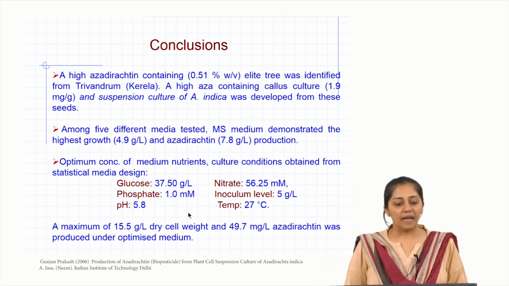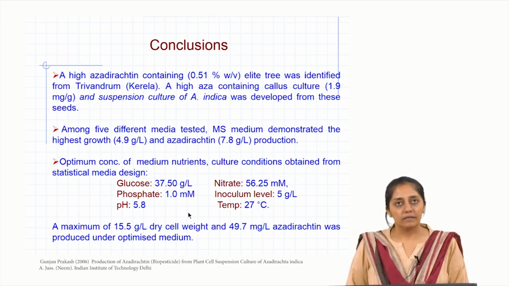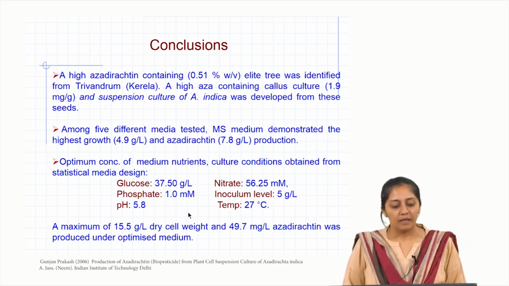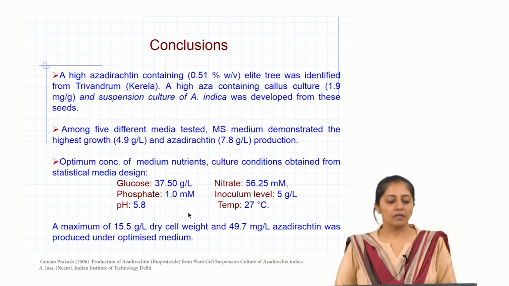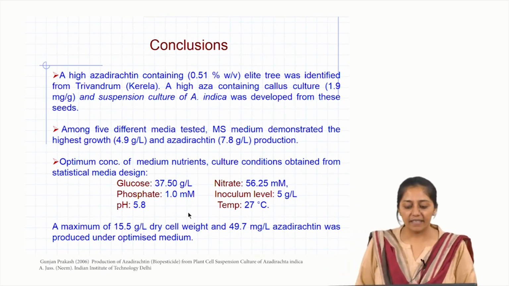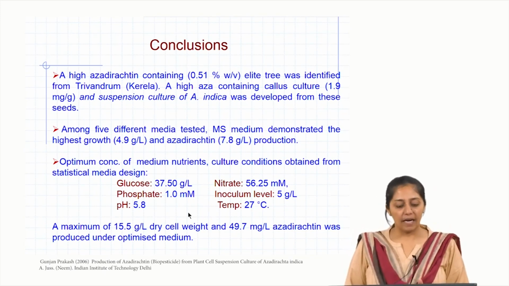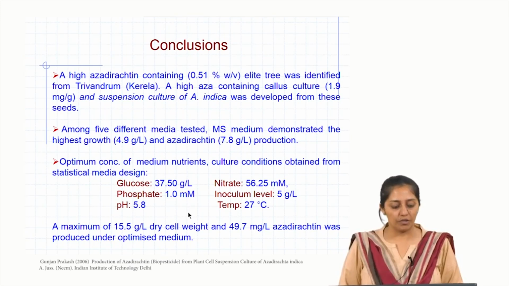So, this is a summary of what the authors did in this case study. They began with a high azadirachtin containing tree based cell line. They developed callus culture and then suspension culture. Among 5 different media tested, Murashige and Skoog medium demonstrated highest growth and azadirachtin production.